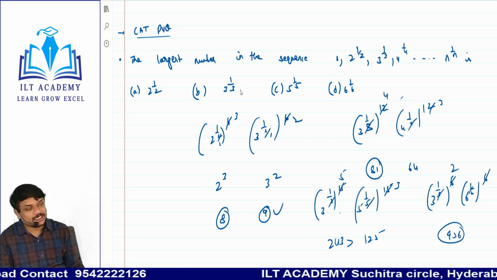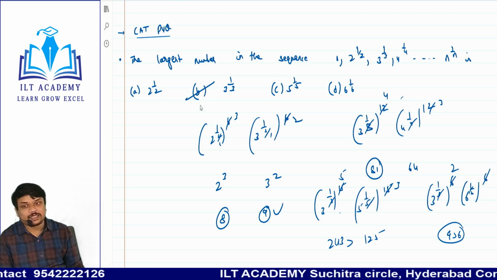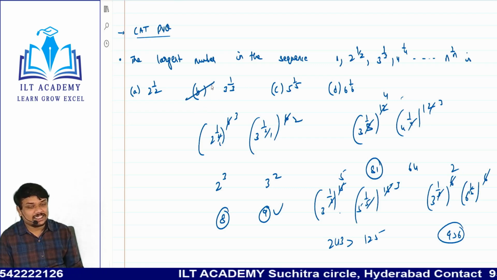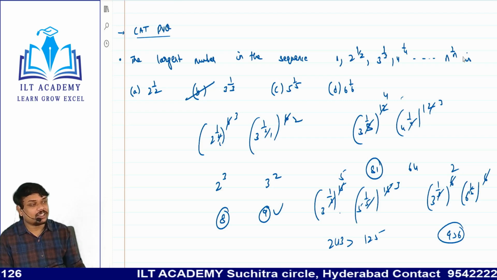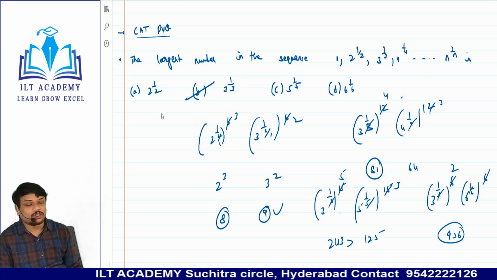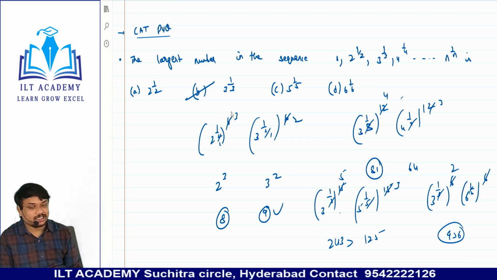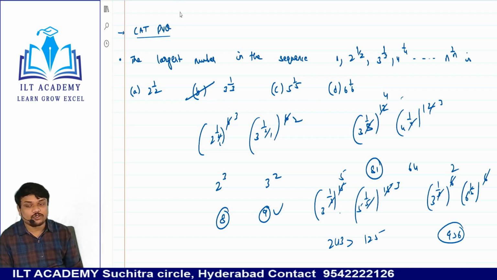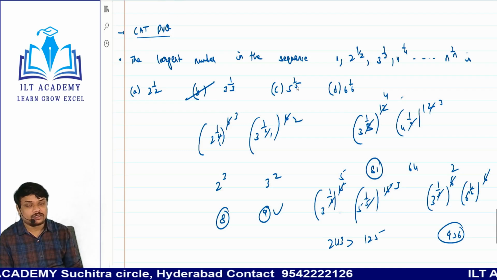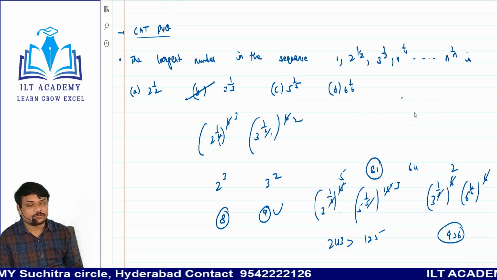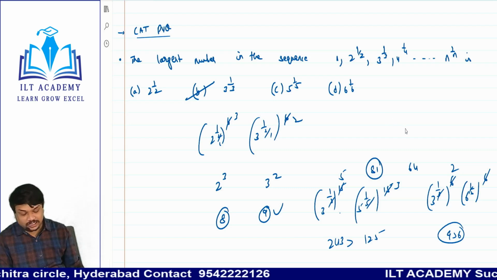Now you tell me which one is greater, 3 power 1 by 3. Easily given, yes. Options need to be checked. Everything need not be checked here. 2 power 1 by 2 is there, 3 power 1 by 3 is there, 5 power 1 by 5 or 4 need not be checked, that is not there in the options here. So you have to apply logic.